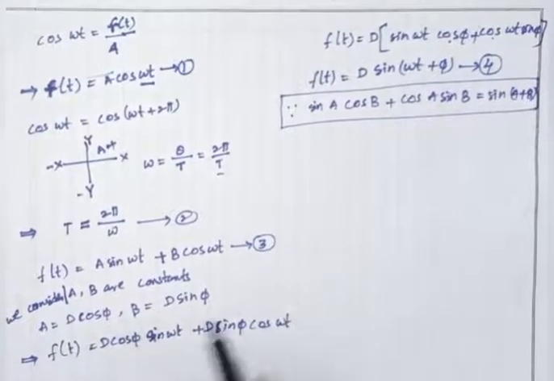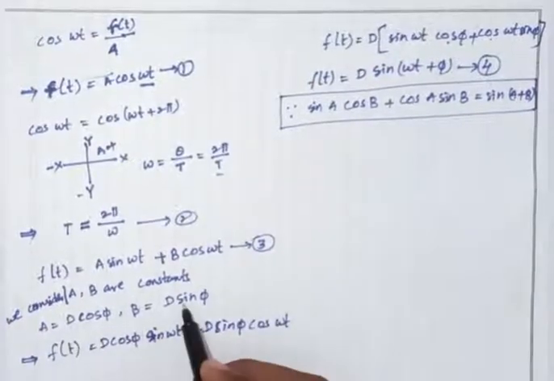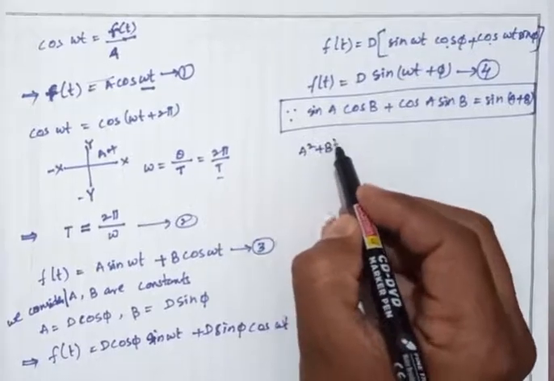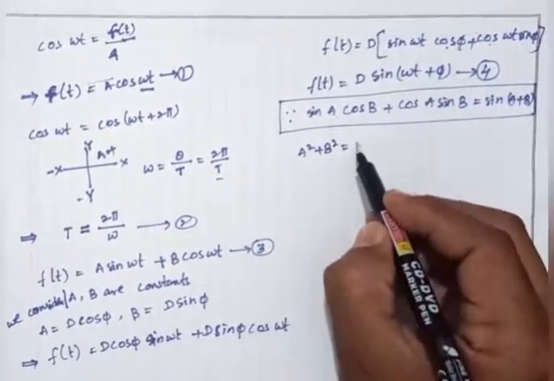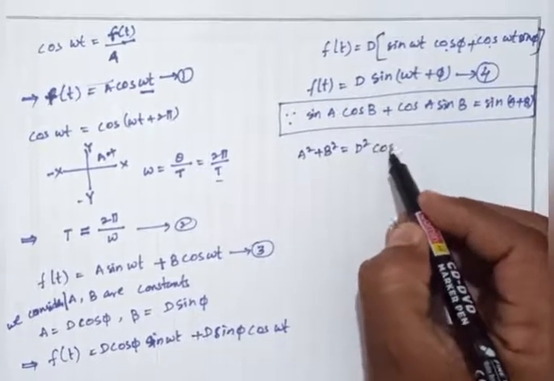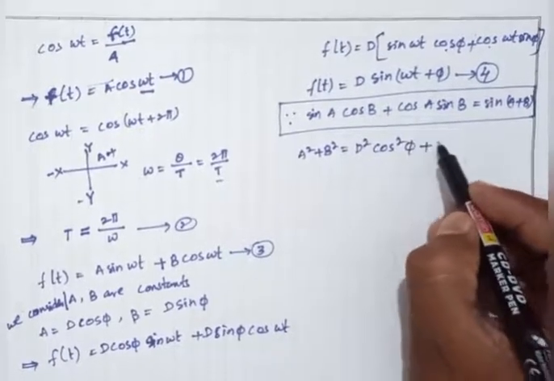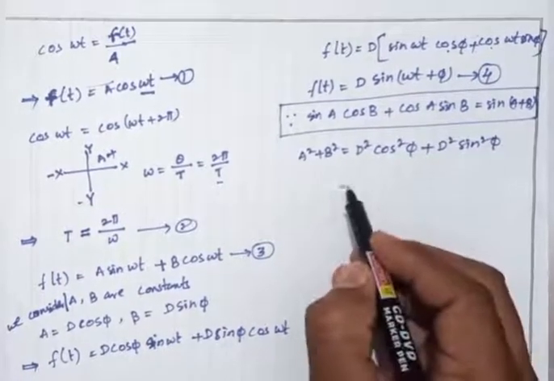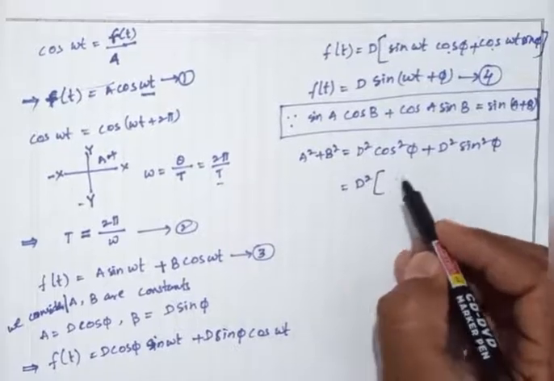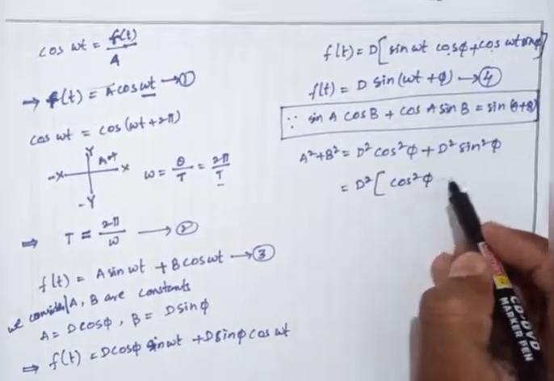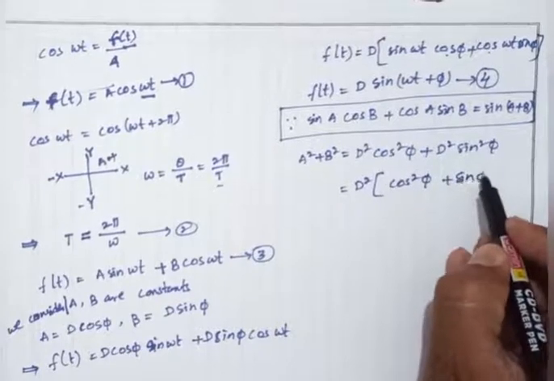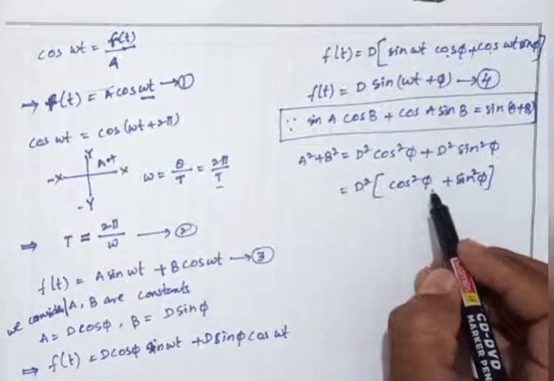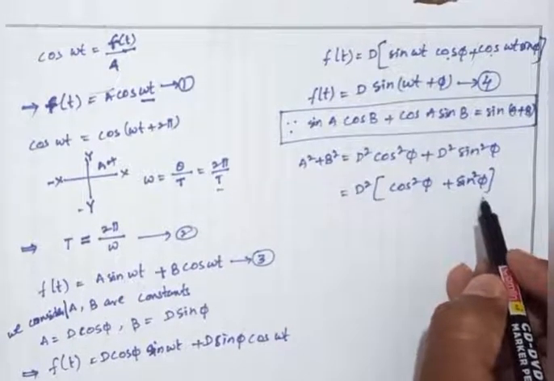We can square these values and add: a square plus b square equals d square cos square phi plus d square sin square phi, which equals d square times cos square phi plus sin square phi. Cos square phi plus sin square phi equals 1.